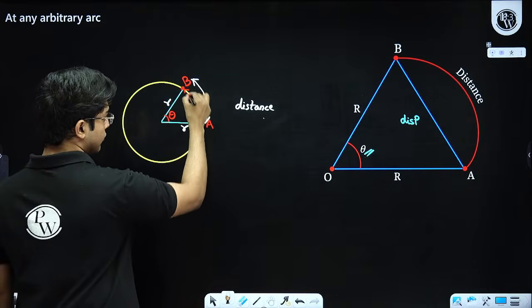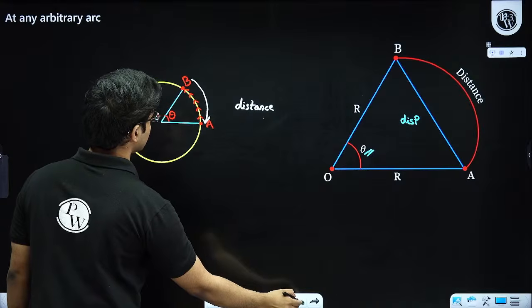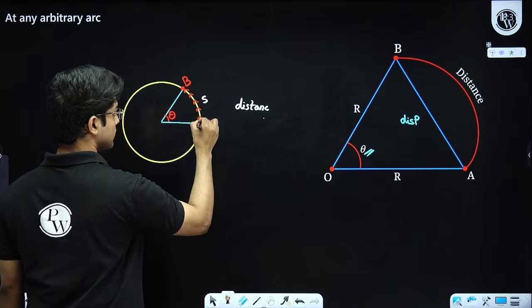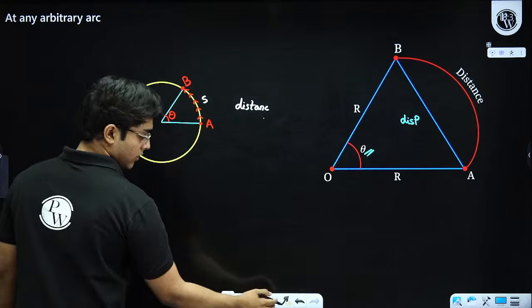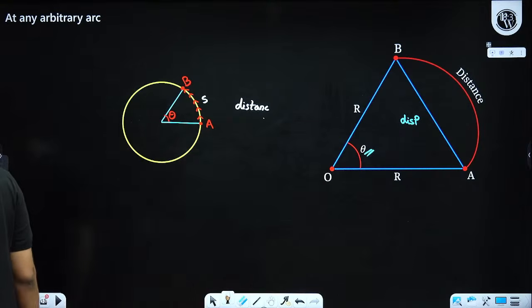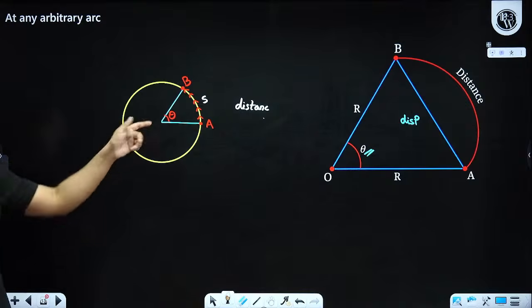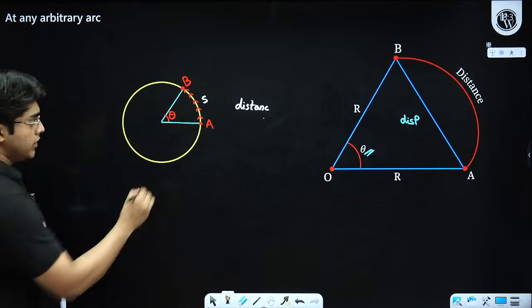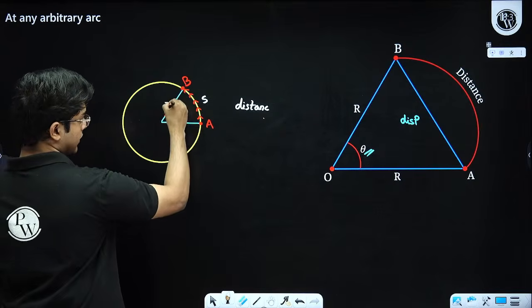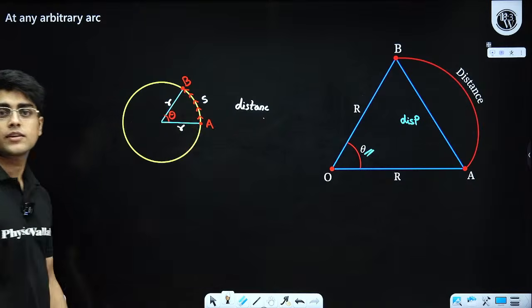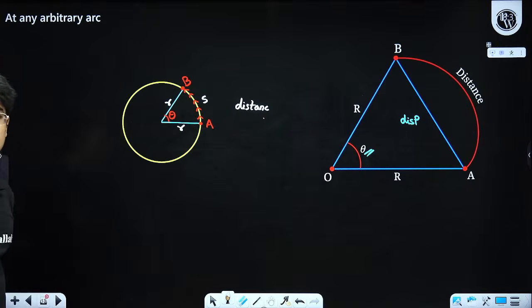So if I say the arc length is S, can somebody tell me the relation between this arc length, radius and this angle theta? Distance is r theta, displacement is 2r sin theta by 2.